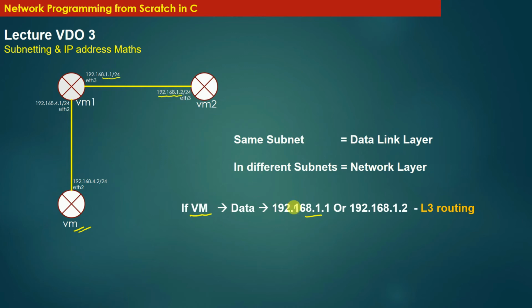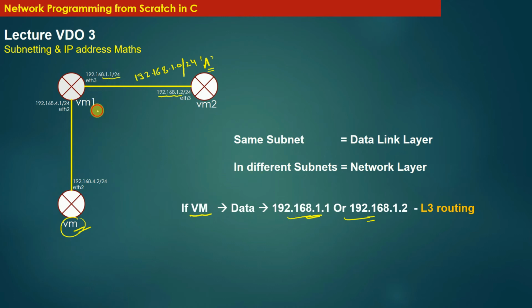Now you can see that both these IP addresses are present in the subnet 192.168.1.0/24. Let's call this subnet A. Right? Now this subnet A is a remote subnet with respect to the virtual machine VM. Right? So if VM wants to send data to either of these IP addresses, it means the communicating machines are present in different subnets. Right?